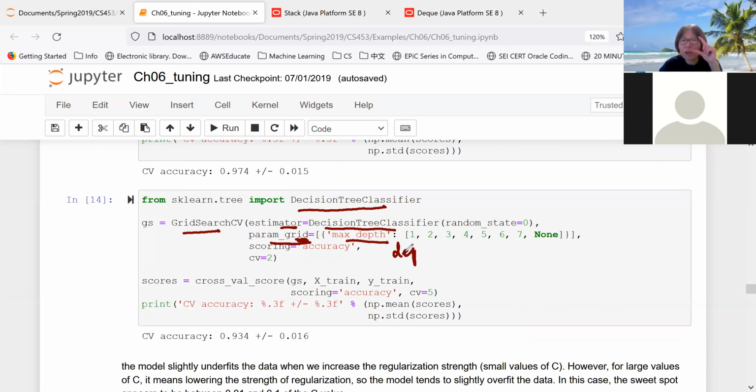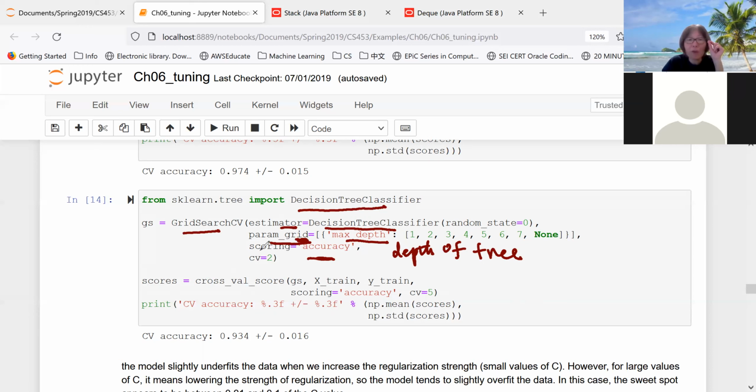The depth of the tree is one of the important factors that determine the model's accuracy.